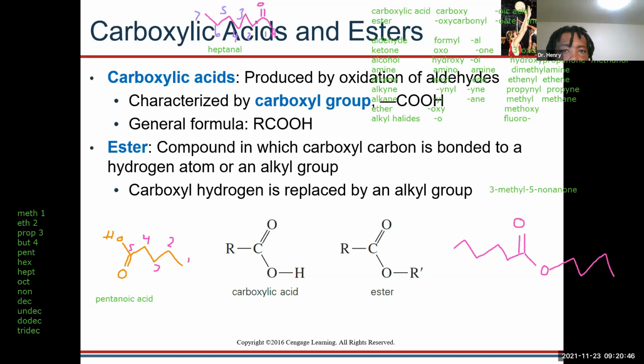The way we do esters is we count the carbon chains that are coming off.